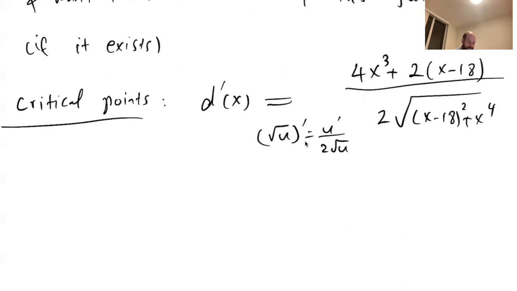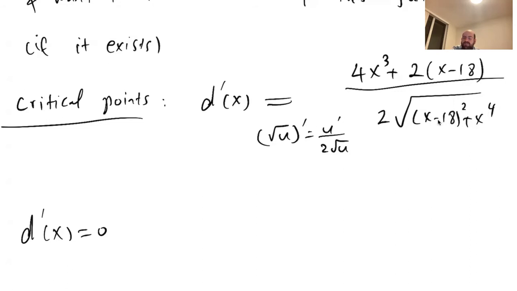Now, if I set d prime equals 0, first of all, d prime exists for every x, because we have a denominator and it has a square root, but this expression is always positive, because you have an addition of 2 non-negative terms here.